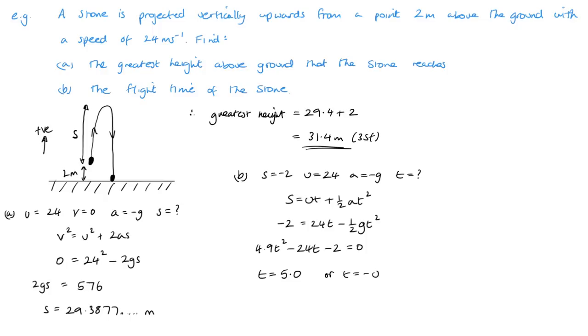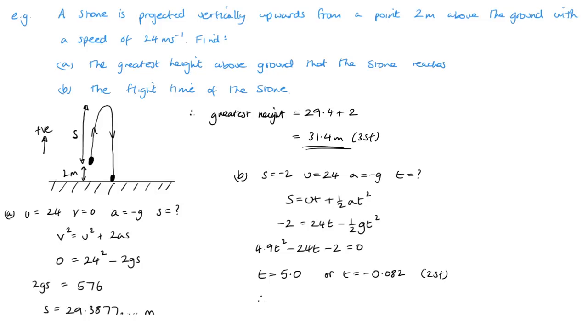Now we get 2 answers out of this. Okay, and the 2 answers here to 2 significant figures. Now obviously we can ignore the -1, because that is like assuming it was thrown back here. So it's going to be a negative time. So we want the positive time.